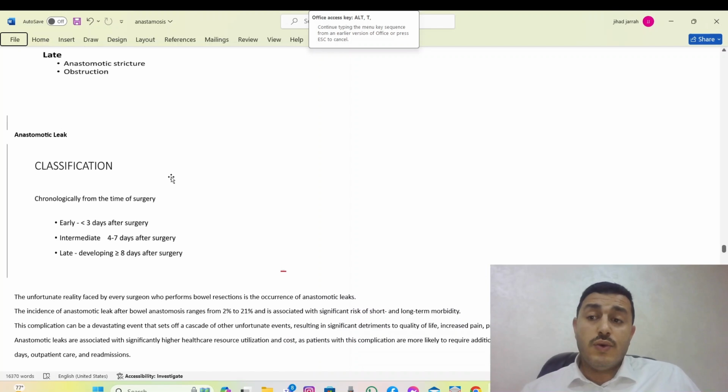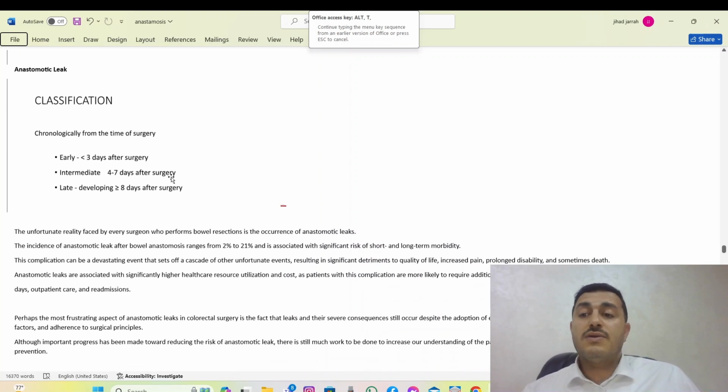If we are going to talk about leak, leak also can be classified into early and late, or early, intermediate and late: early before day 3 and late after day 8. Some literature says that early leak is usually due to technical error, while late leak requires immediate intervention.